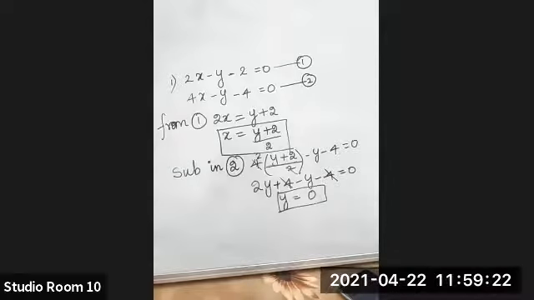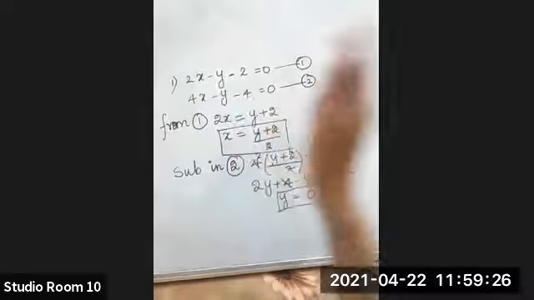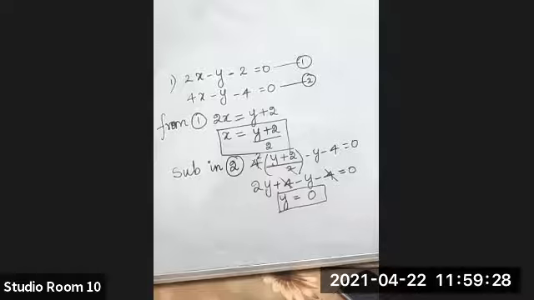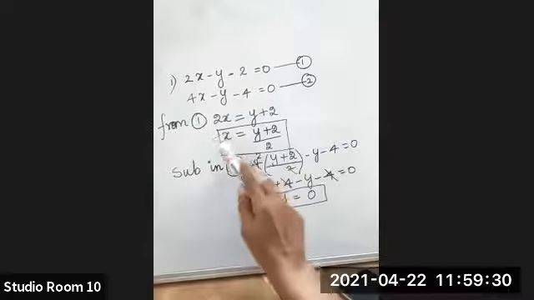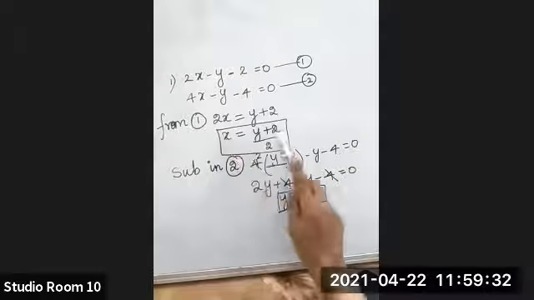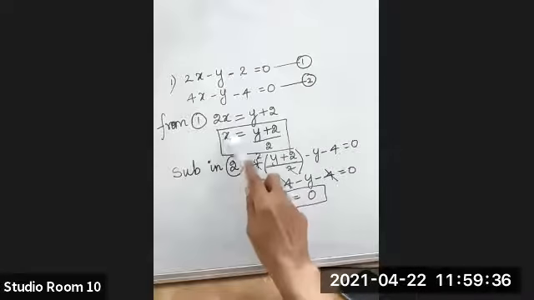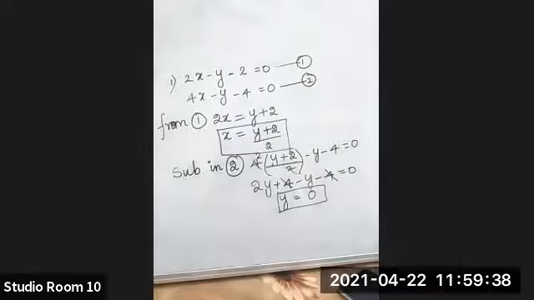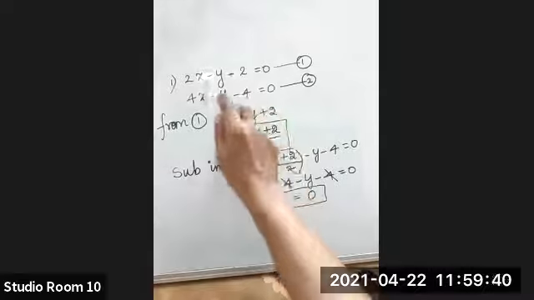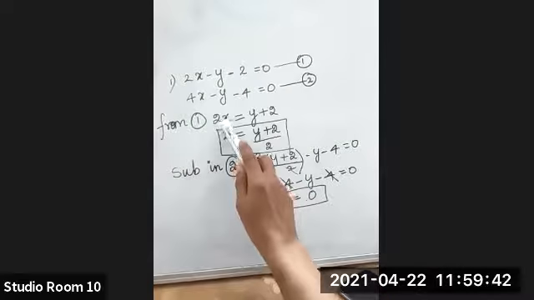What are we doing here? We are given the equation 2x minus y minus 2 is 0. We are finding x in terms of y. Plus 2x, I'm keeping it here.